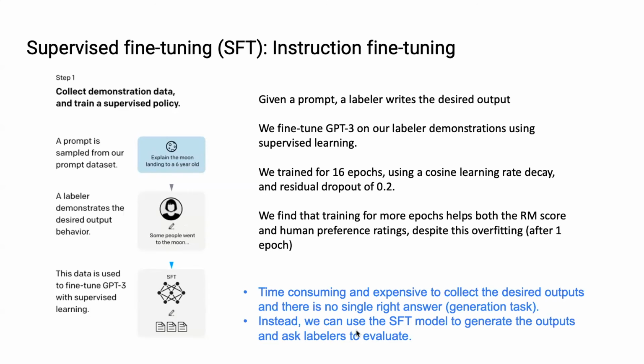Instead, we can use this initialized SFT, supervised fine-tuned model, to generate the outputs, and then ask the labelers to rank these outputs, which is a much easier task, right? So instead of writing a paragraph, you just need to provide a ranking of the outputs. So it's a much easier task for the labelers.